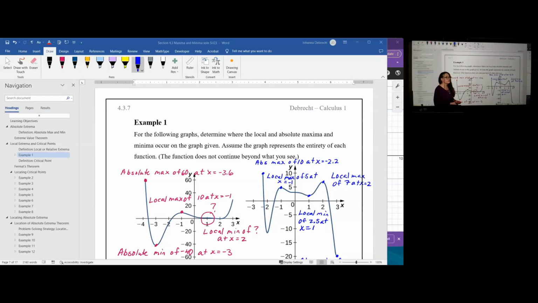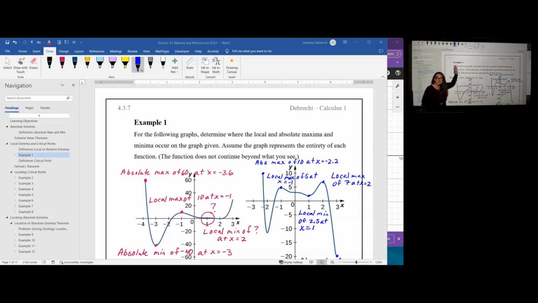Let's take a look at the first 2 examples. In the example on the left, there is an absolute maximum value of 60, and it occurs at about negative 3.6. I'm guessing. But I know the absolute max is 60. That's because I'm assuming that what's drawn is the entirety of the graph.